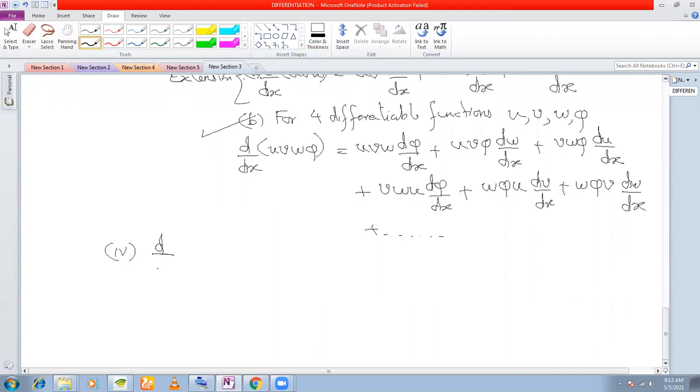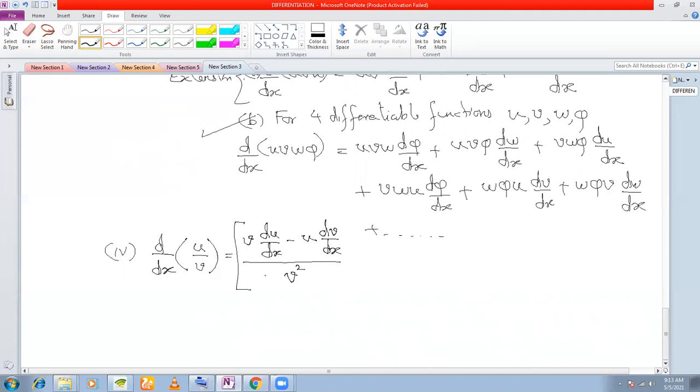So d/dx of U by V is equal to, take the denominator, differentiate the numerator with respect to x, so V du dx, minus, take the numerator, differentiate the denominator with respect to x, and divide the whole thing by the square of the denominator.